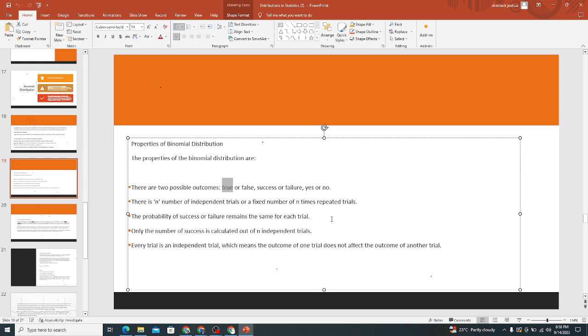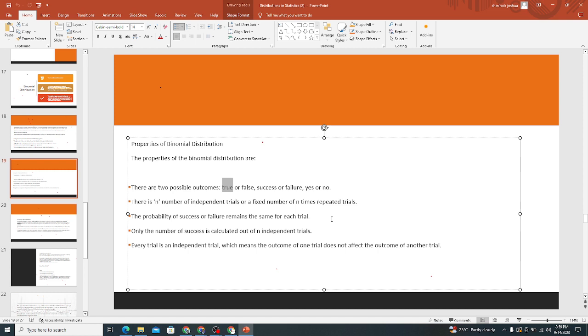You have the same probability of failure and also the same probability of success. Then the number of successes, that is x, is calculated out of the total number of trials.